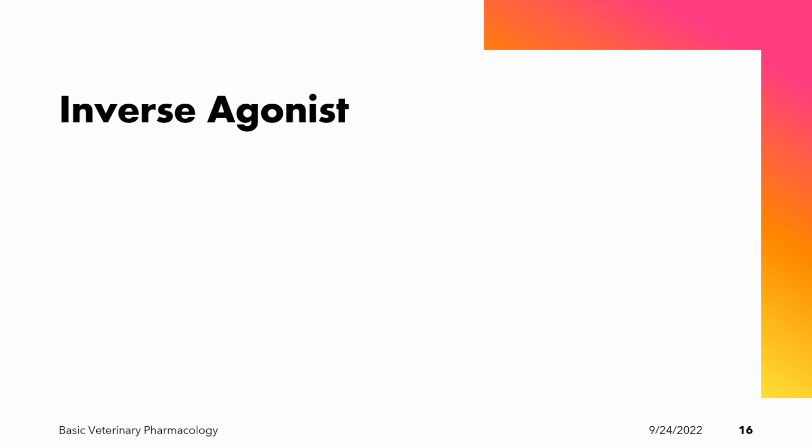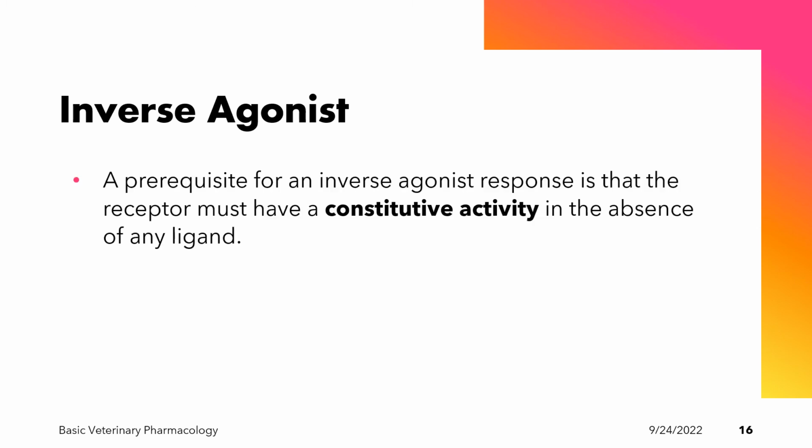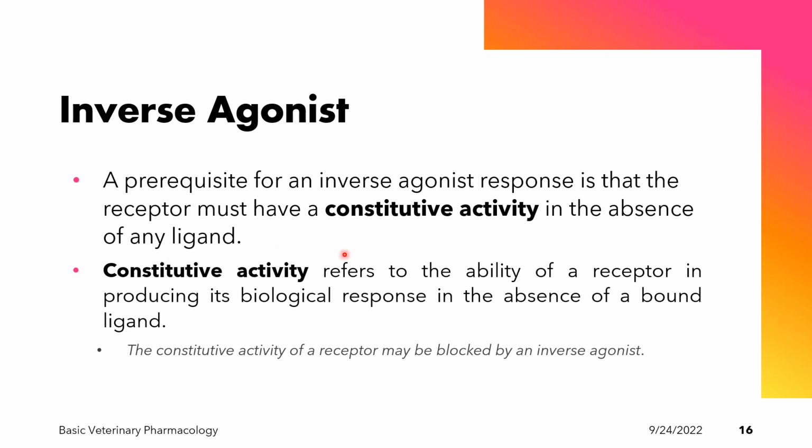So what is the requirement for a drug to be called an inverse agonist? A prerequisite for an inverse agonist response is that the receptor must have a constitutive activity in the absence of any ligand. What do we mean by constitutive activity? This refers to the ability of the receptor to produce its biological response in the absence of a bound ligand.